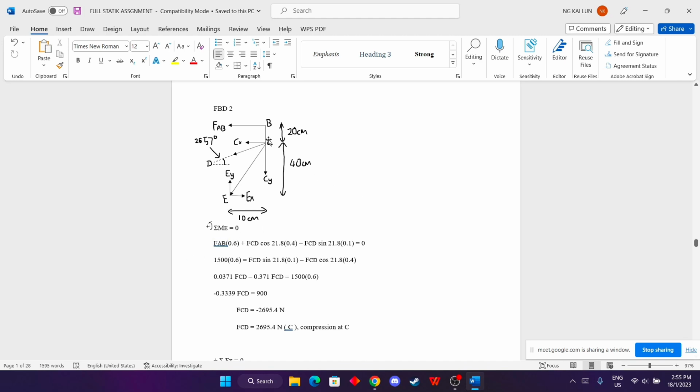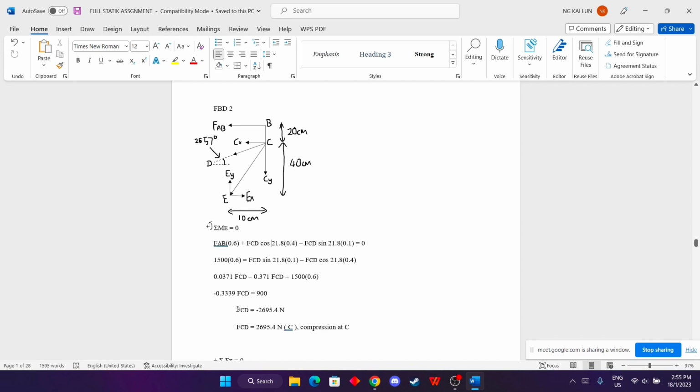Plus FDC cos 21.8, which is the theta that we can find, times 0.4, and plus FDC sine 21.8 times its perpendicular length, which is 0.1, the horizontal length. So here we do the normal moment equation.